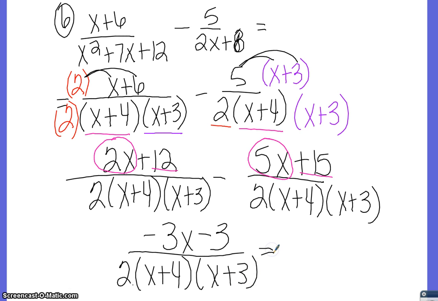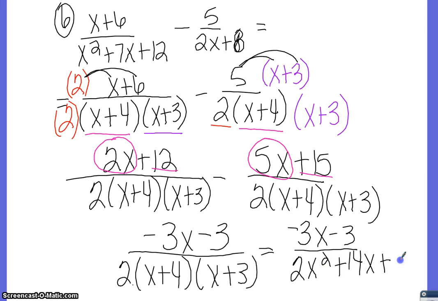And again, the last step is going to be to go ahead and FOIL out your denominator. So once I FOIL 2(x plus 4)(x plus 3), I end up with 2x squared plus 14x plus 24.